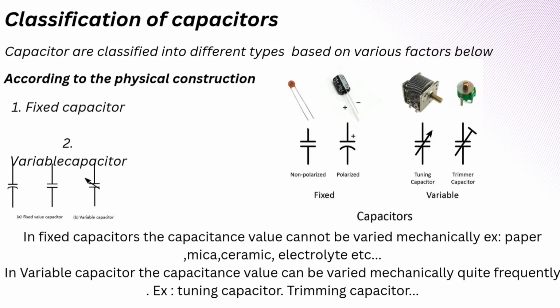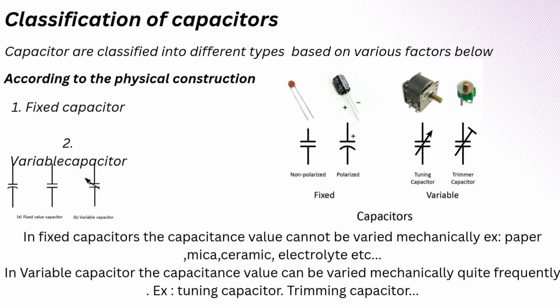Now we will see the classifications of the capacitor. Capacitors are classified into different types based upon various functions. According to the physical construction, capacitors are classified into two types: fixed capacitor and variable capacitor. Fixed capacitor means the capacitance value cannot be varied; the capacitance value is constant.